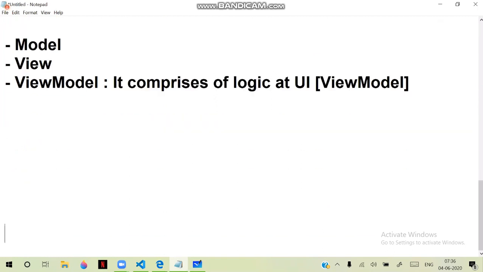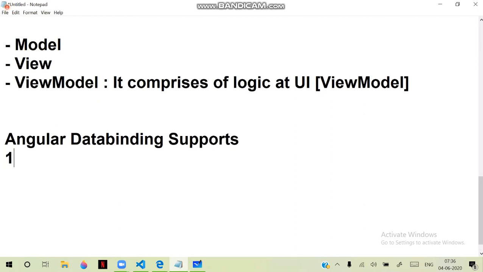Angular data binding supports one-way binding, and it supports two-way binding.